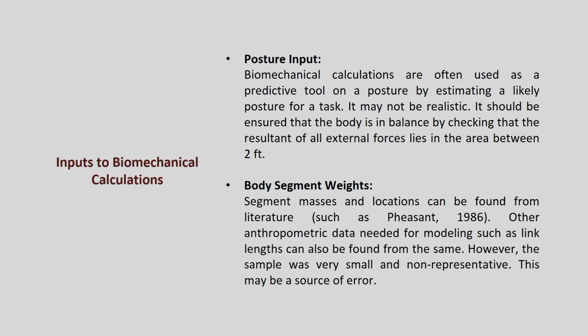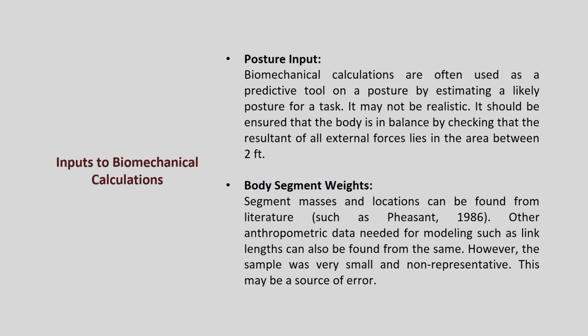So, if I am going to use it in this manner, what kind of body posture is getting adapted, and which part of my muscle is having what type of force getting generated. So, these are all predictions. That is a very important input. Second is body segment weight.